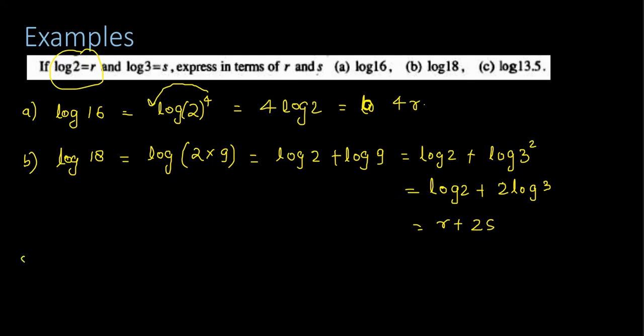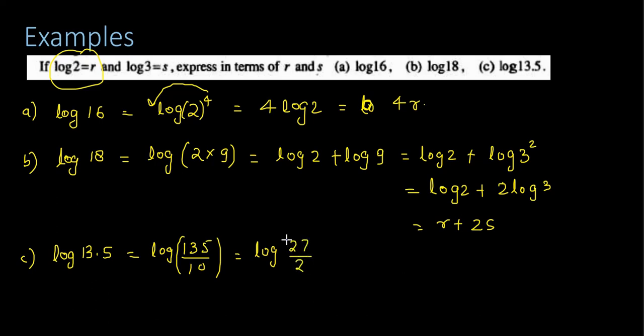C part is log of 13.5. Obviously we have to remove this decimal point, so I should write this as a fraction. 135 upon 10 means it is 27 upon 2, because this is 27 into 5 and this is 5 into 2, and the 5 will get cancelled.